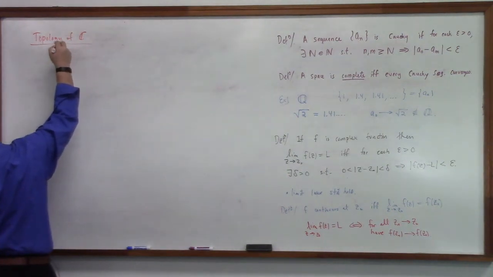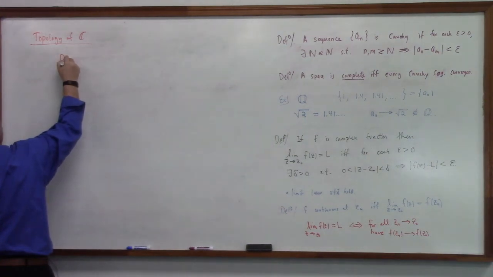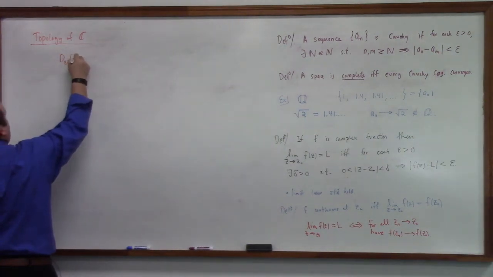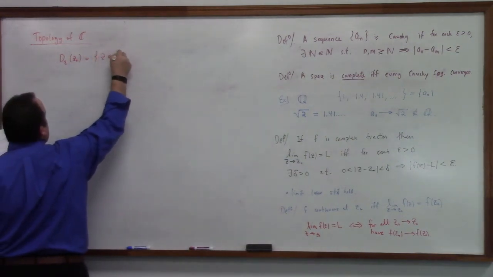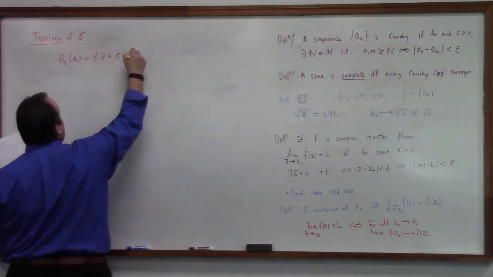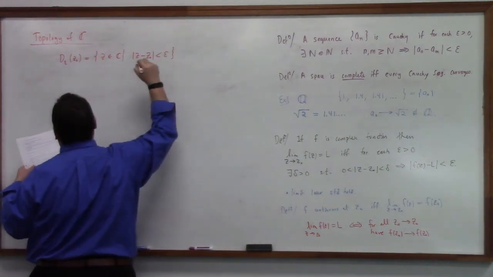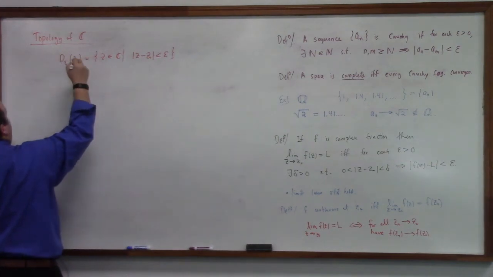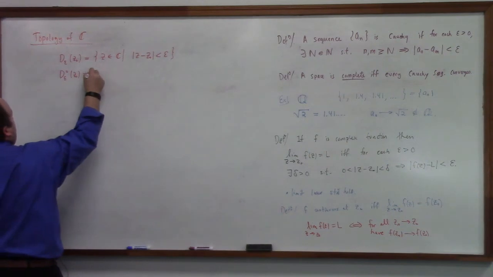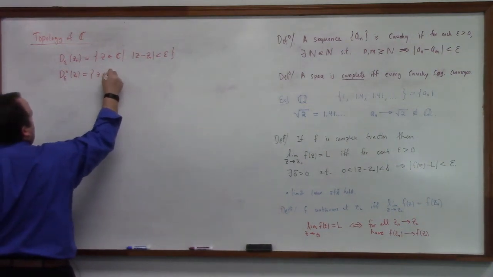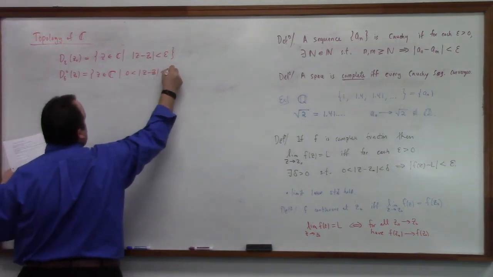So I define some things. For example, I define D epsilon of z naught to be equal to z in the complexes such that the modulus of z minus z naught is less than epsilon. I define D sub epsilon with an upper zero on it to be z in the complexes such that 0 is less than modulus of z minus z naught is less than epsilon.